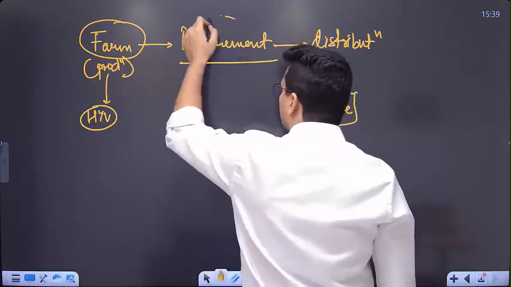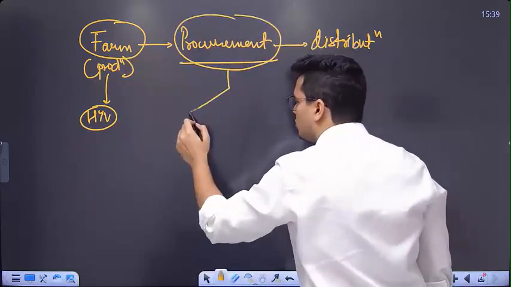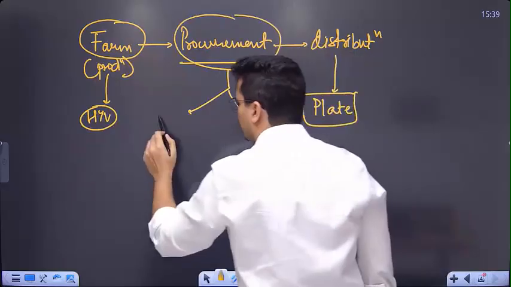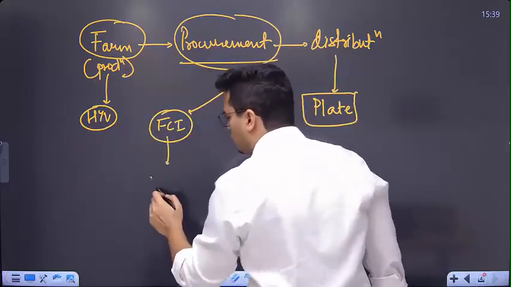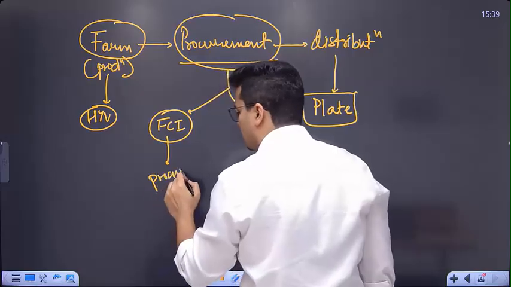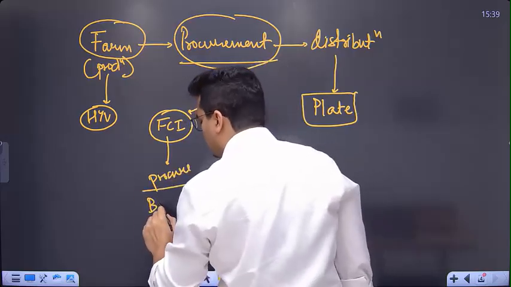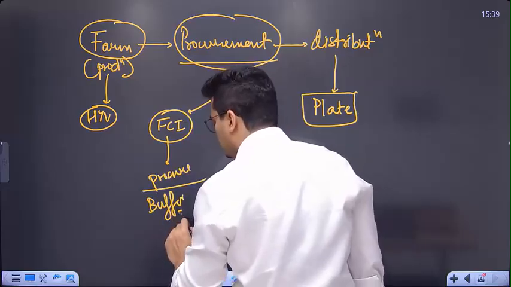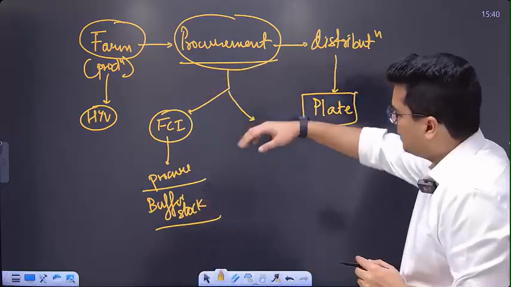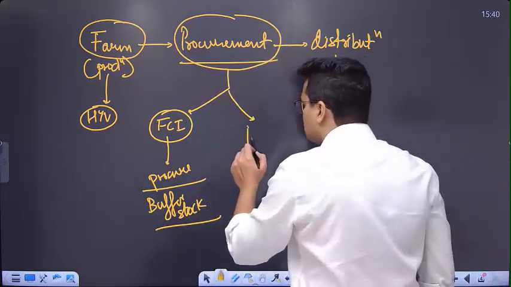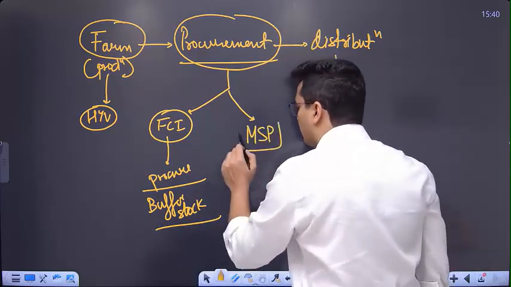But as far as procurement is concerned, there were two interventions that were made. Firstly, the Food Corporation of India is set up, which is supposed to procure and also supposed to create buffer stocks in case there is a drought. The other thing that is introduced at this time is minimum support price for the farmer.